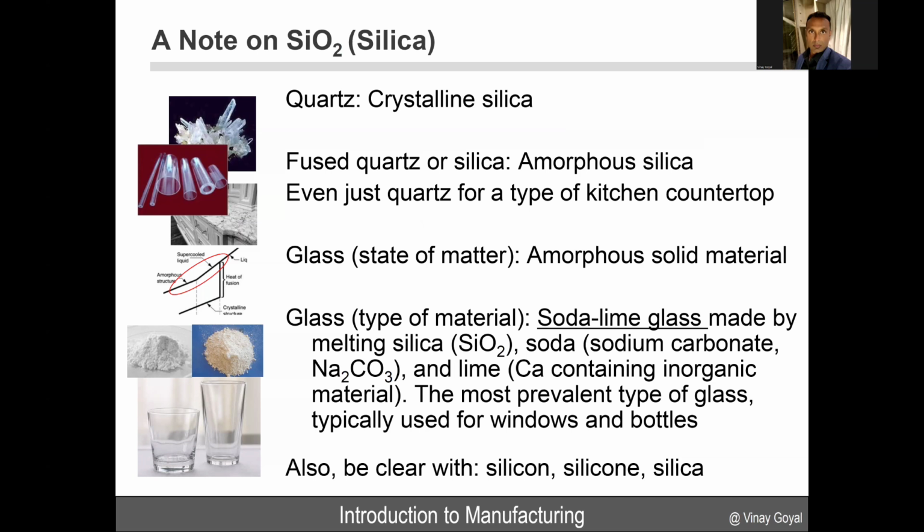Soda lime glass is made by melting silica, soda, and lime, and is the most prevalent type of glass, typically used for windows and bottles. I want to point this out because silica is used in a lot of different contexts, and you want to make sure we have an understanding of that. Also, we have to be clear about the delineation and differences between silicone and silica. Very important there, a little note for now.